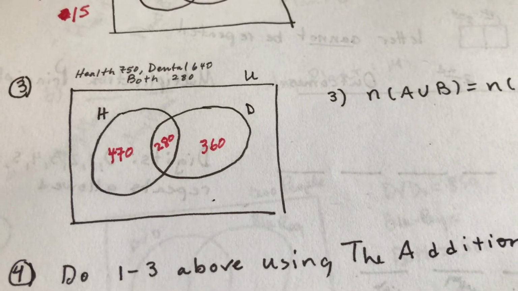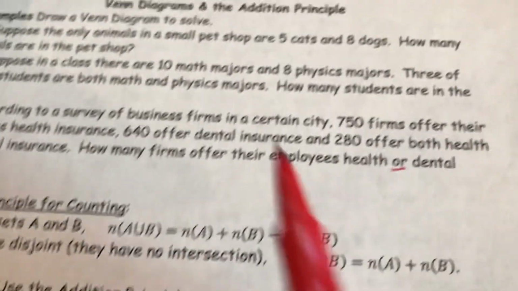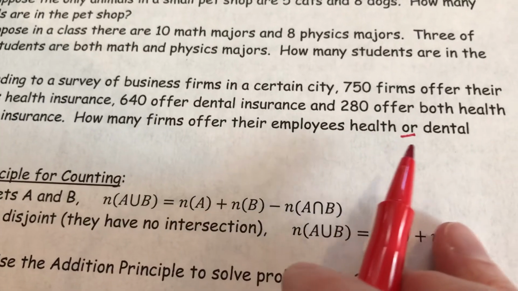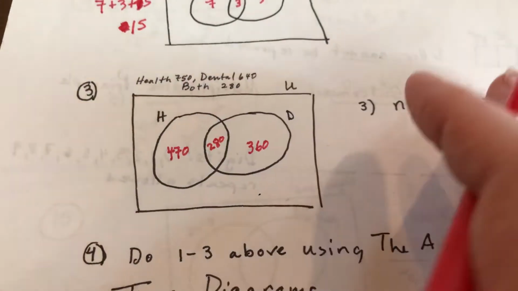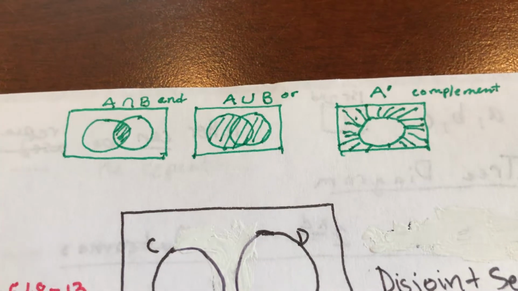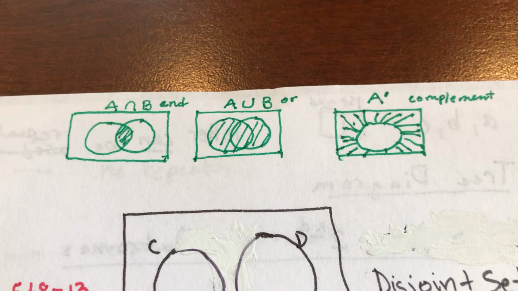And now to figure out the answer, which is an or statement up here. How many firms offer their employees health or dental or both? So that is going to be this set. Now, I want to refer, I put up at the top of the page something to keep in mind, that the intersection has this look, the union has this look, and the complement has this look.